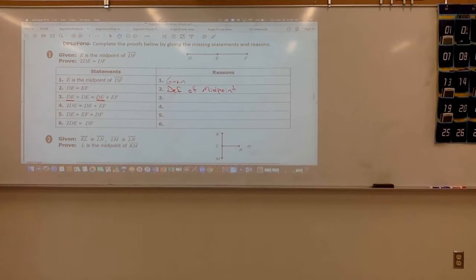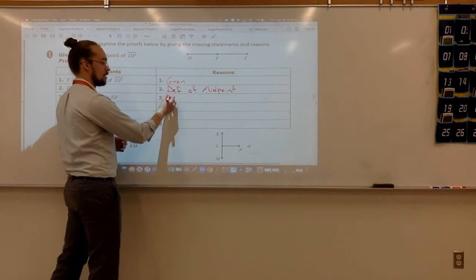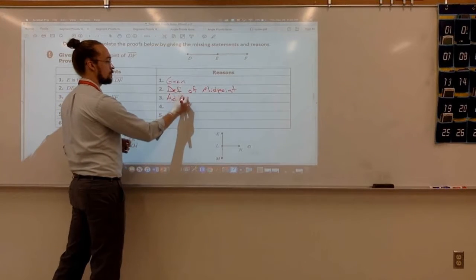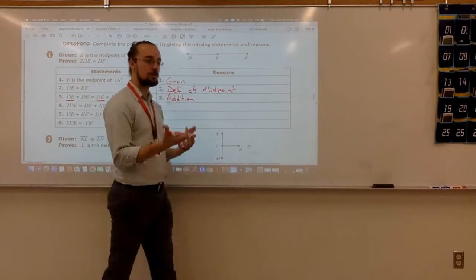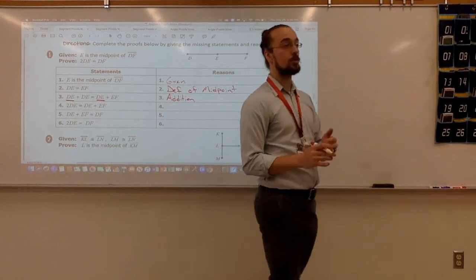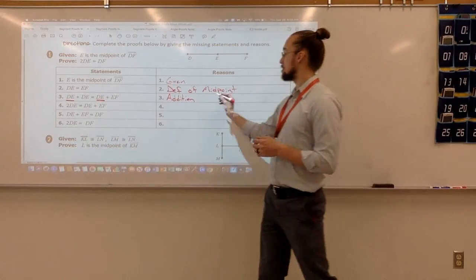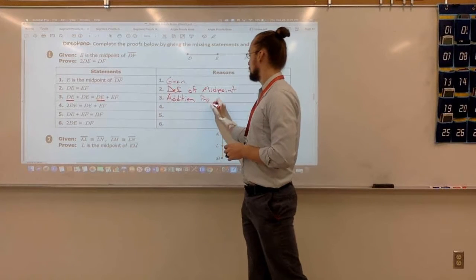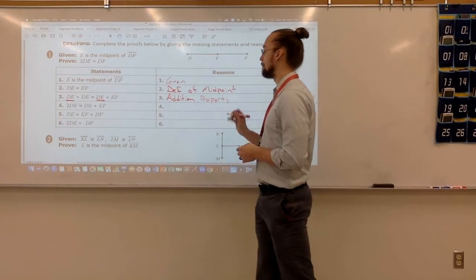If I'm adding the same thing to both sides of an equation, what property is that? Addition property. Yeah. So even though these are geometric proofs, we're still looking at some equations. We could still add the same thing, subtract the same thing, divide, multiply. Those things will still crop up here.